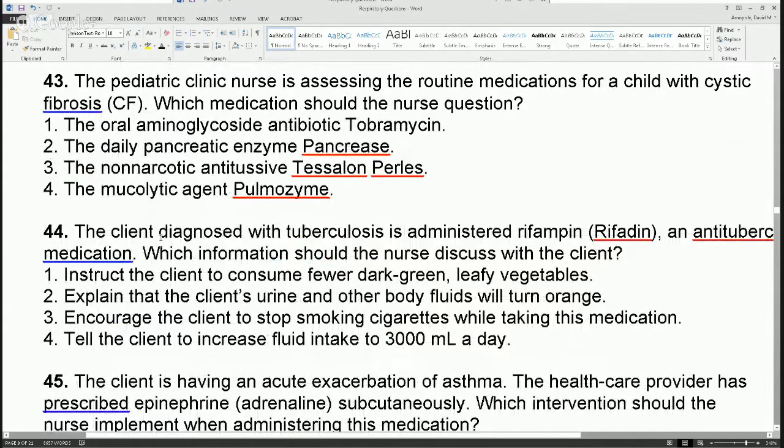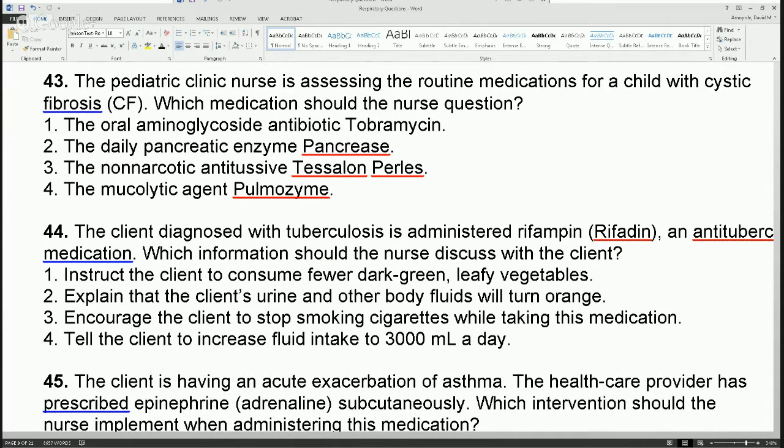Aaron, a pediatric clinic nurse is assessing the routine medication for a child with cystic fibrosis. Which medication should the nurse question? Four?